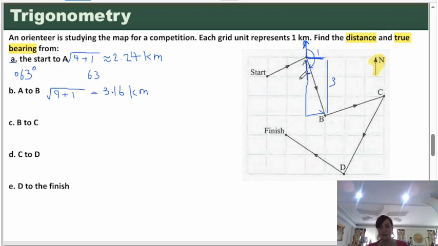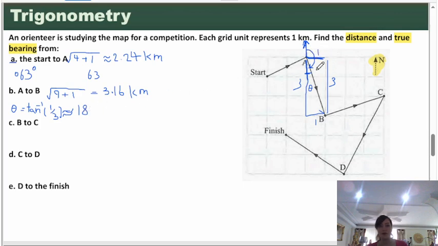I see this length would be 3, this side would be 1, the tangent would be opposite side over adjacent side. So I take an inverse, theta is the inverse tangent of 1 over 3, which, if you calculate it with a calculator, gives you almost 18.